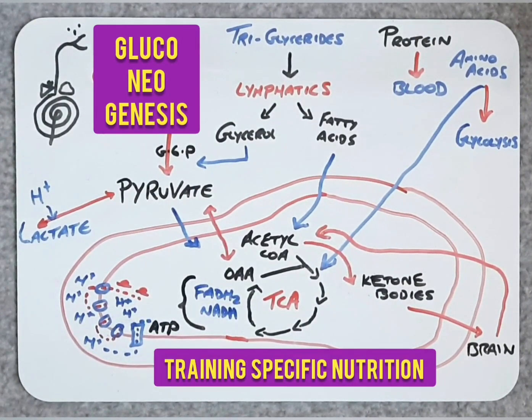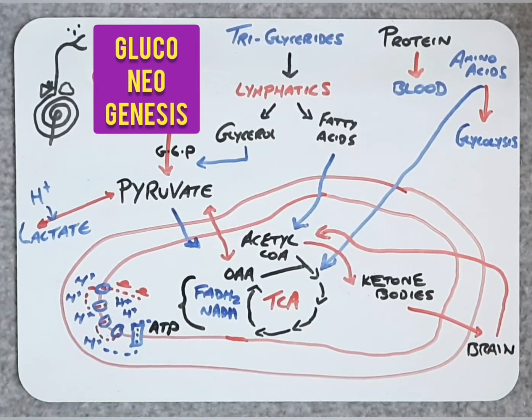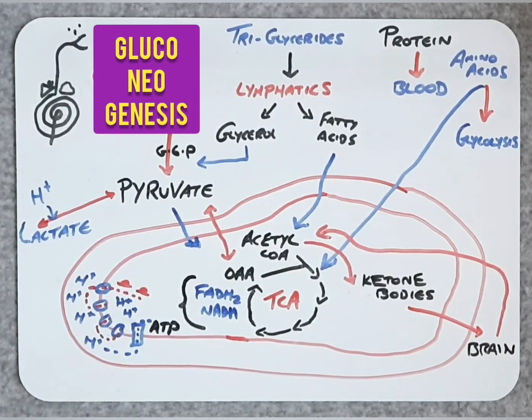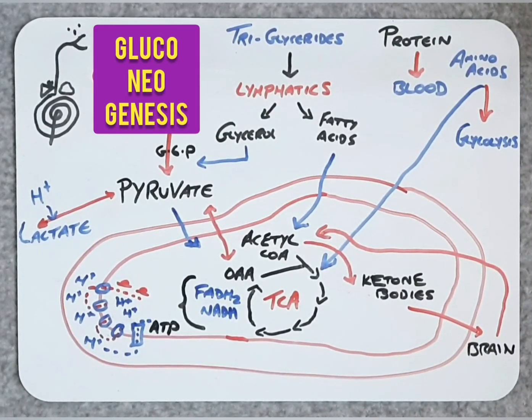If you want to be a truly fat adapted athlete, then you must train with reduced carbohydrates. But let's imagine you want optimal performance. Optimal performance is going to require every single bit of energy you have and every single bit of energy your body can produce.